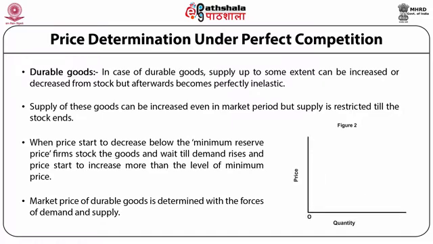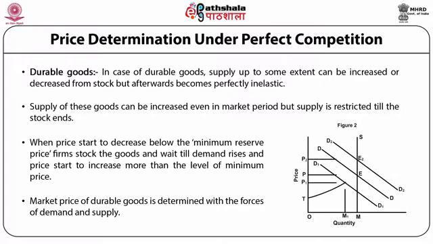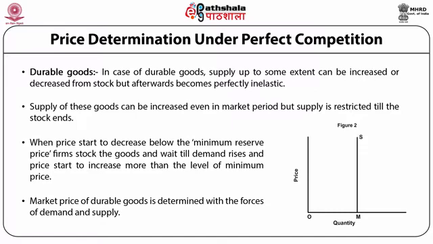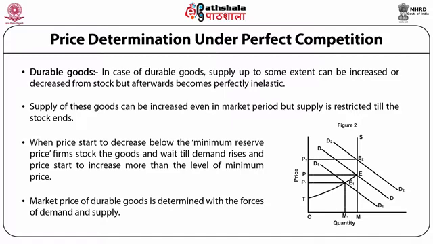Minimum price is set at OT. If the demand curve is D1D1 and it intersects the supply curve TES at point E1, the equilibrium price is OP1. A shift in the demand curve from D1D1 to DD shows an increase in demand and along with it the new equilibrium price rises from OP1 to OP.